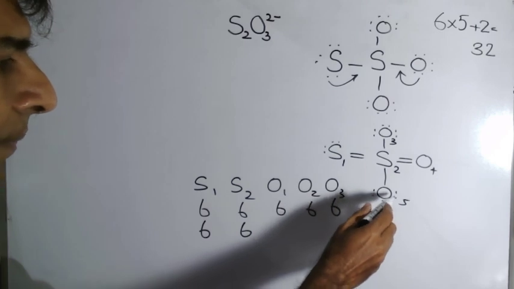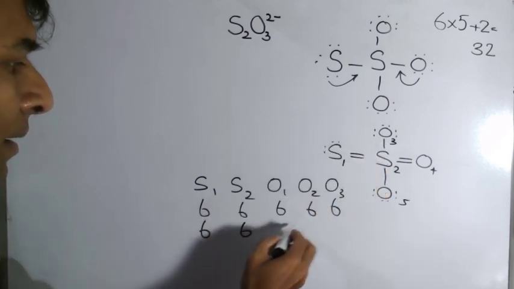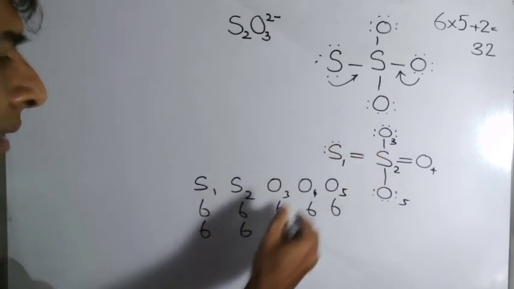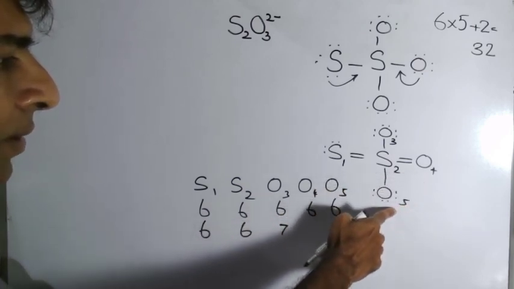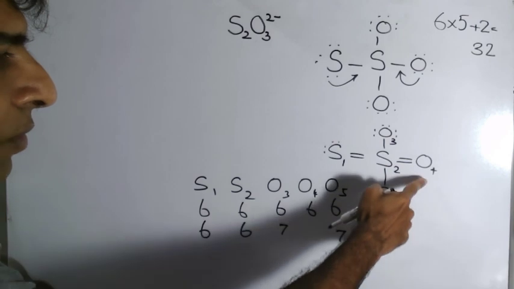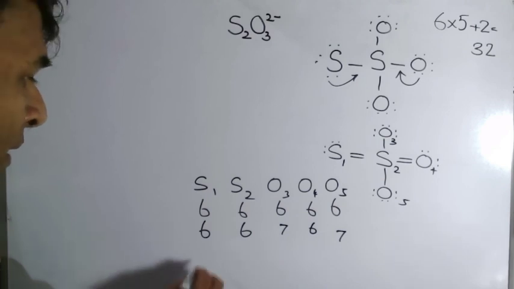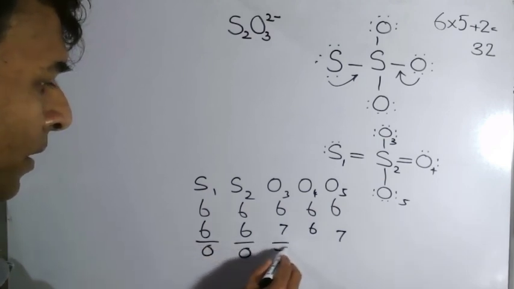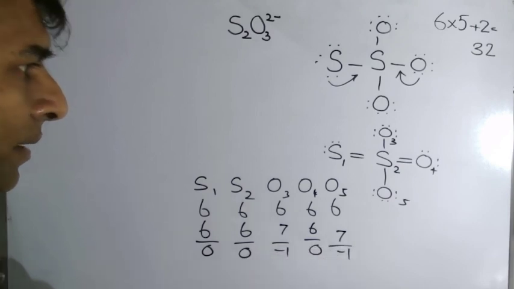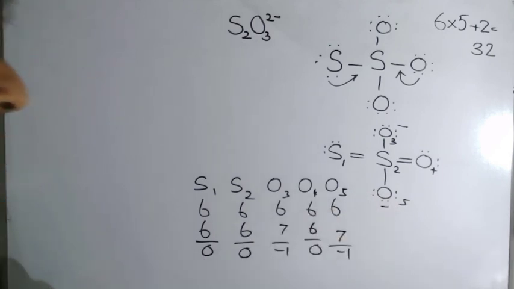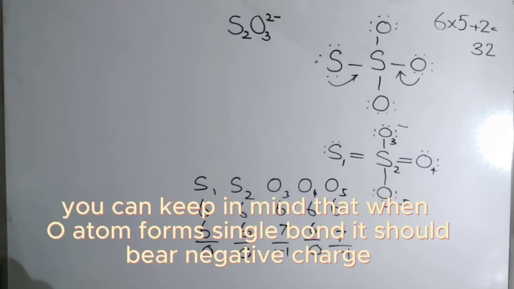And here, 7 electrons. Oxygen number 3 has 7 electrons, and oxygen number 5 also has 7 electrons. When you come to 4, 6 electrons. So 0, 0, minus 1, 0, minus 1. So oxygen numbers 3 and 5 have negative charges. In other words, when oxygen forms one sigma bond, it should bear a negative charge.